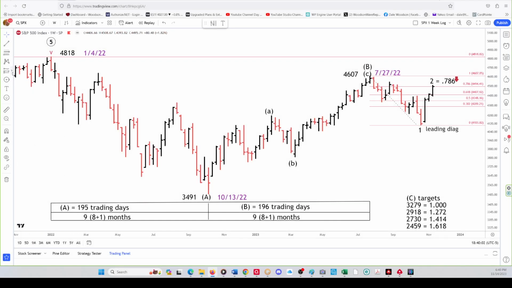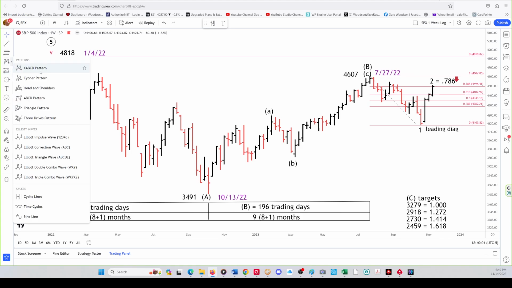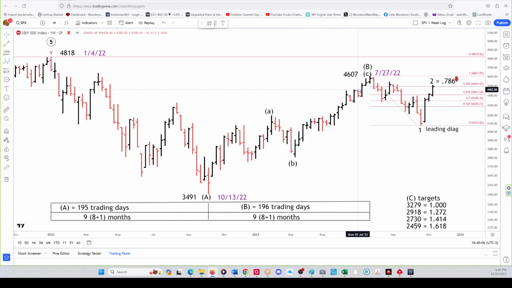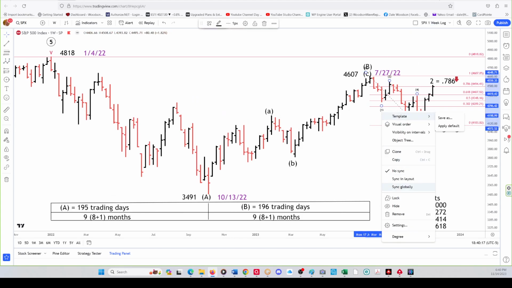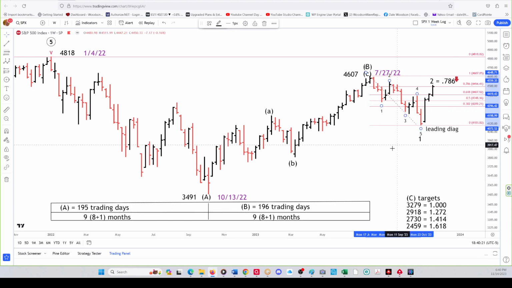Actually, I could put those in there for you guys. I don't like how they make these so small, but we'll make it work. We've got a 1 and a 2 and a 3 and a 4 and a 5. We'll move that 1 down, move that 5 over, change that degree of trend to minor. There we go.